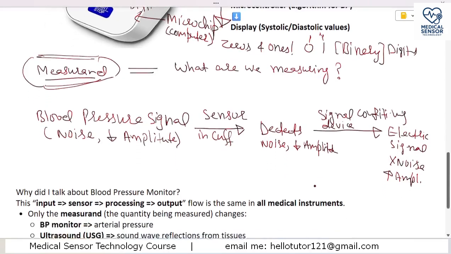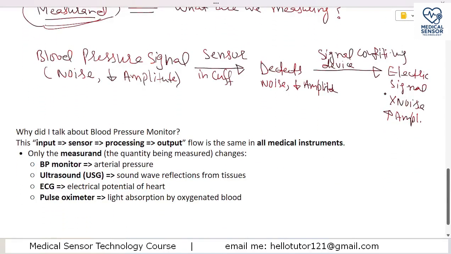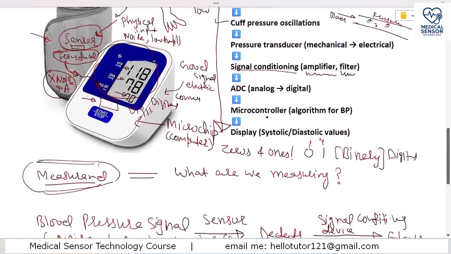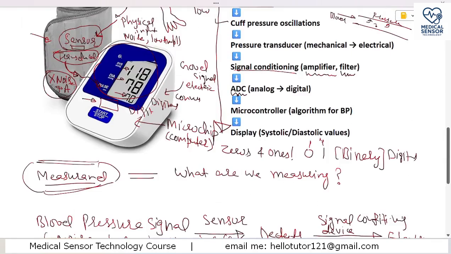But again the problem is that the microprocessor in our blood pressure monitoring device will not understand, because computers don't understand electric signals, they understand digits, binary, zeros and ones. So another device, we call it ADC, analog to digital converter.